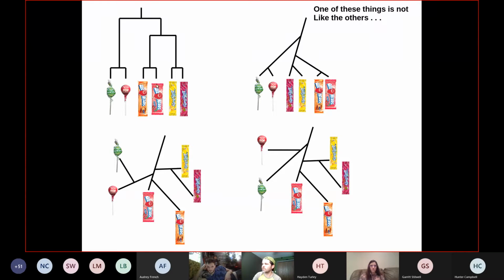The Laffy Taffy are sister to each other. Laffy Taffy are sister and airheads are sister, but the branching order is different. So if I was to redraw this phylogeny in the lower left, like the one in the upper left, the Laffy Taffy and lollipops would basically switch places.